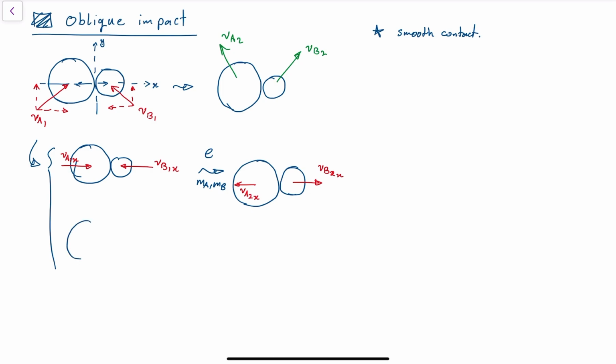In the other direction, you have this. You have VA1y, and how did I draw it? This, VB1y. I missed a 1 here.